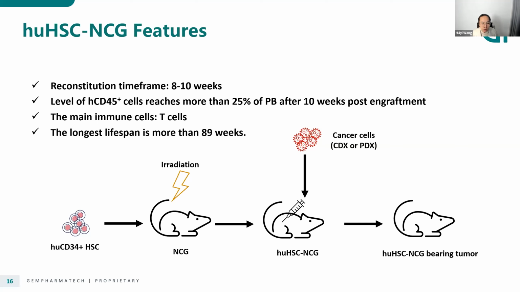Then around 10 to 14 weeks, when the T cells have developed, we will inoculate or engraft the cancer cells like CDX or PDX into the HSC-NCG mice, and then the HSC-NCG tumor-bearing mouse model is constructed.